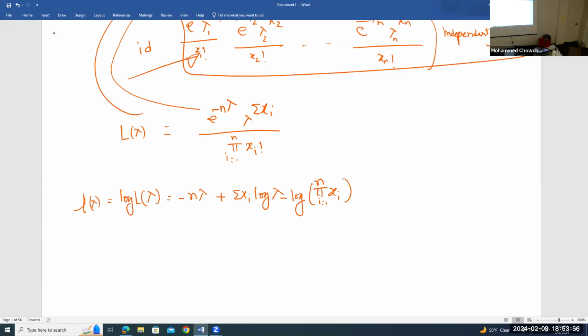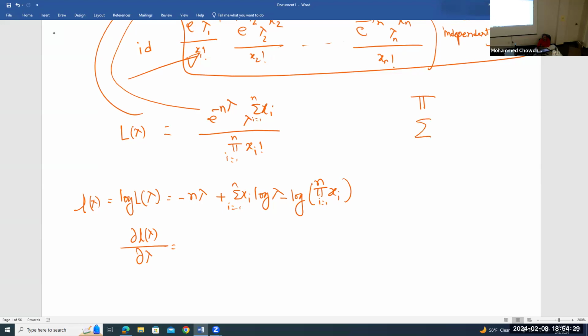Okay. So now if you differentiate this, the last sign equates that for i is equal to 1 to n. This is log of the product. This is called the multiplication sign.